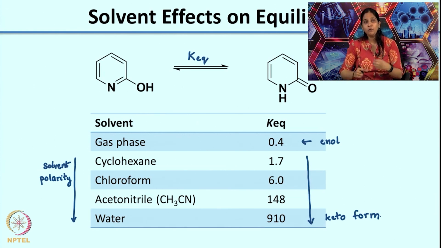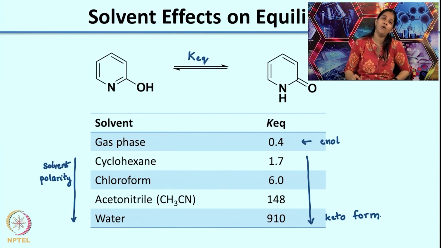Now what could be explanations for this? Especially if you see in water, you would see a huge increase. One thing which could lead to a particular form being more favored could be easier dissolution of this molecule in that particular solvent and stabilization of the molecule in that particular solvent.